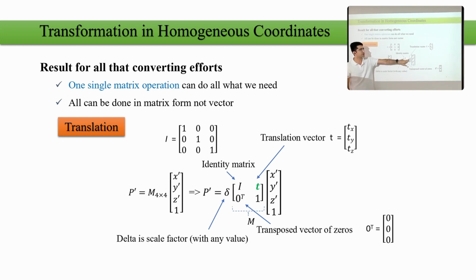That amount of the translation is written over here. So you just say, okay, I want to change it 10, 15, 20. Then put the values here, multiply this matrix with the point that you have. Then what you have as a result, p prime, is the new point that is translated on the coordinate system, but in homogeneous coordinates. Clear for everybody?